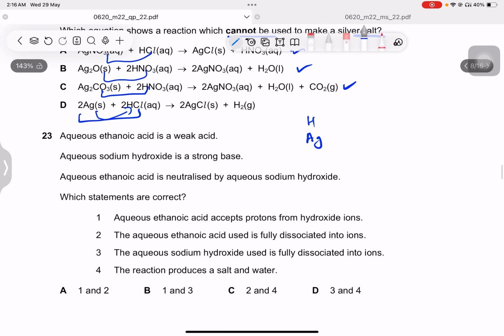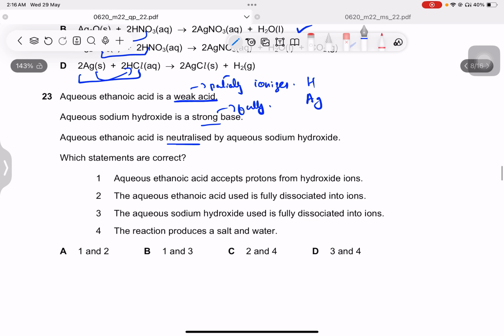Next, aqueous ethanoic acid is a weak acid. Weak acid means it partially ionizes. Aqueous sodium hydroxide is a strong base, meaning it fully ionizes. Aqueous ethanoic acid is neutralized by aqueous sodium hydroxide. Which statements are correct? Aqueous ethanoic acid accepts protons? No. Acids are proton donors.